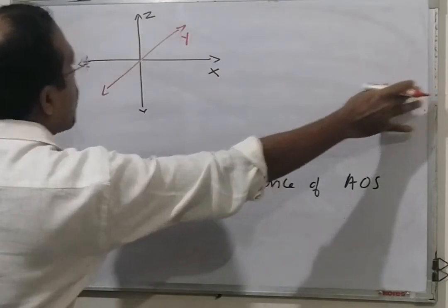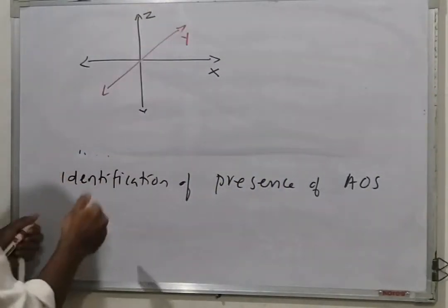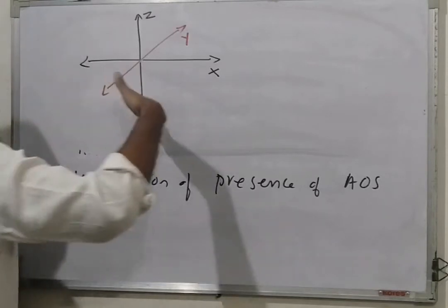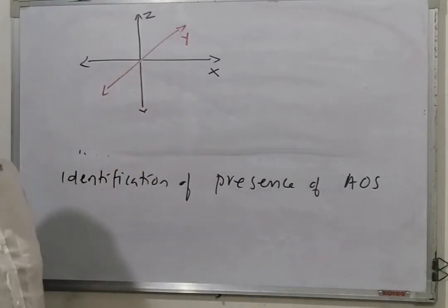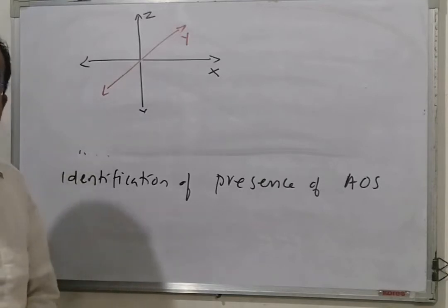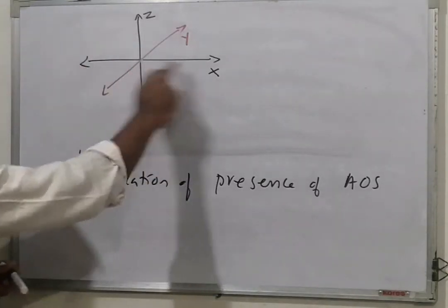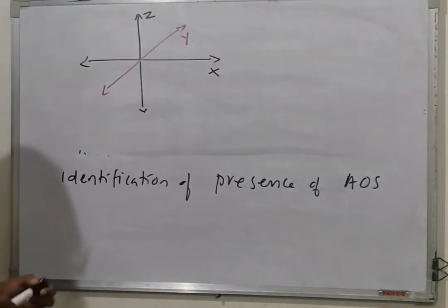Horizontal to the body is the x-axis, vertical to the body is the y-axis, and perpendicular to the body is the z-axis. Now you want to check whether the molecule has any axis of symmetry. First you check whether it is the x-axis, y-axis, or z-axis.